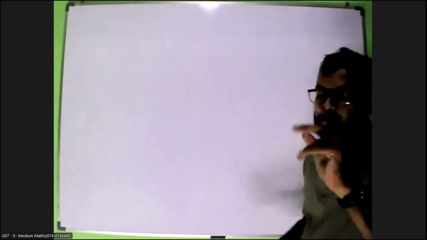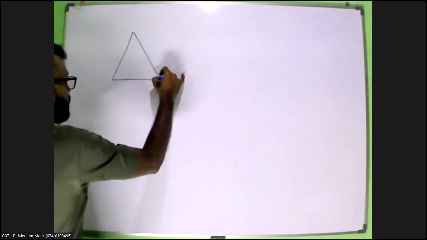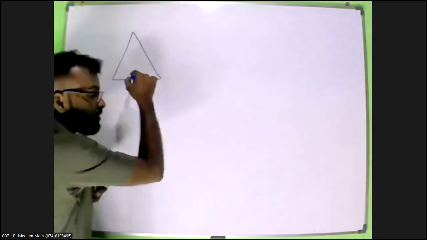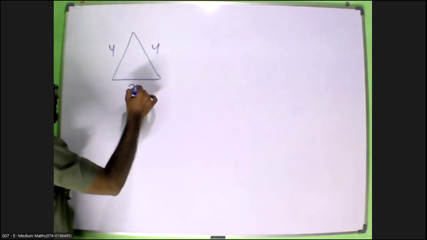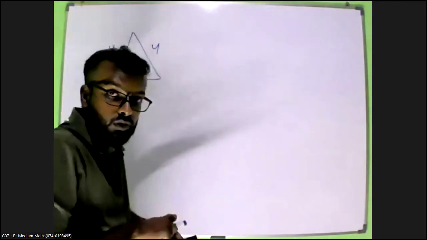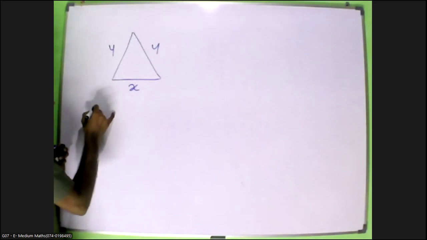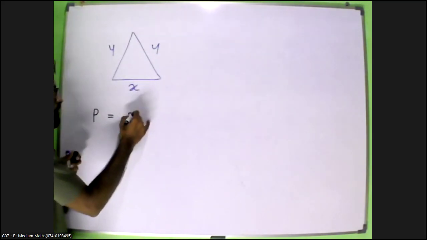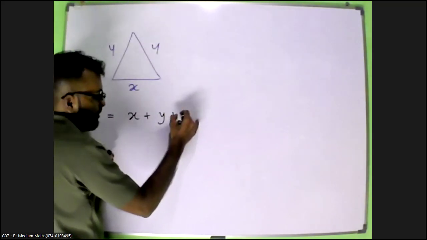So that one is very easy. You have a triangle something like this. This side is y, and this side is x. So you have to write down the perimeter for this one. P equals, I will start from here. x plus y plus y.